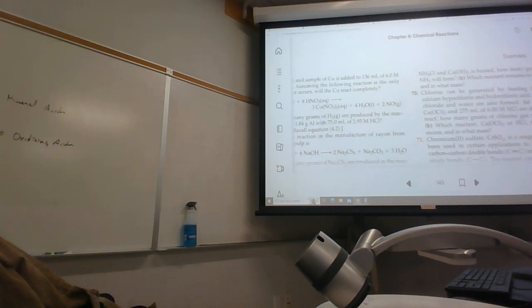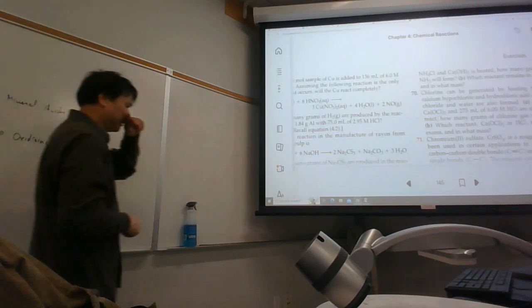So let's take a look at what we predict for this. Calcium ions, are those oxidizer or reducer? I forgot to put that chart up.